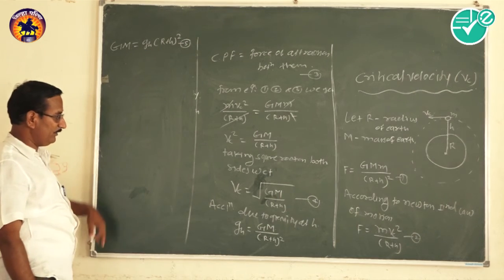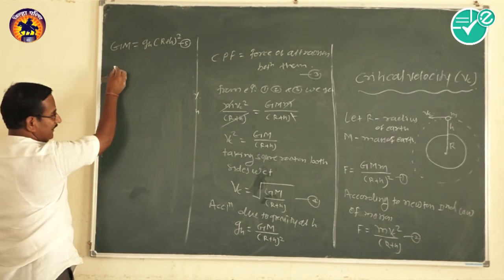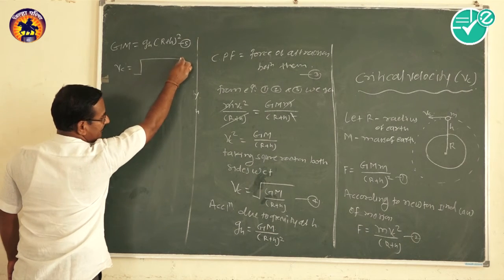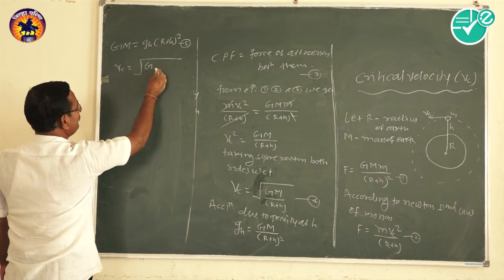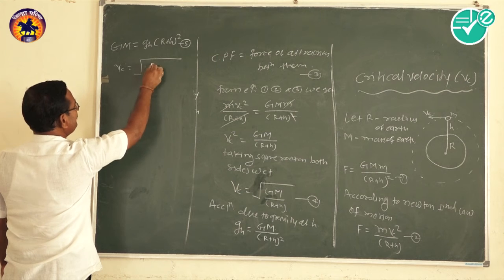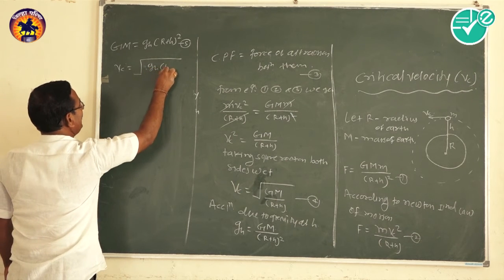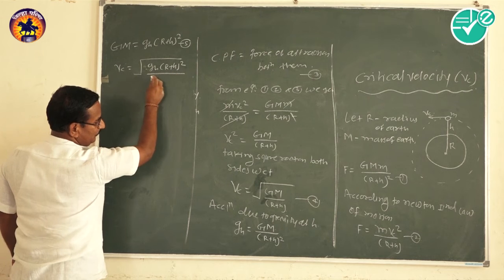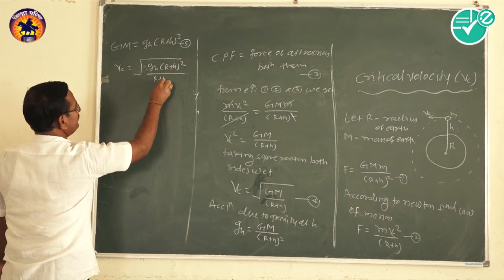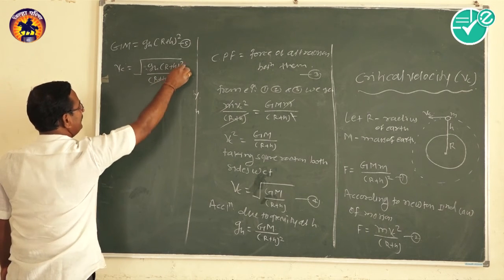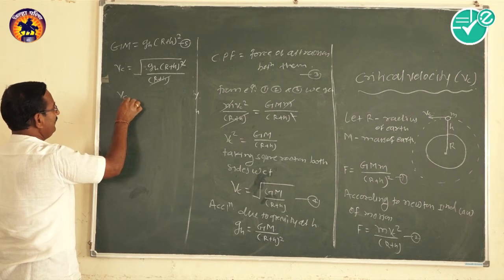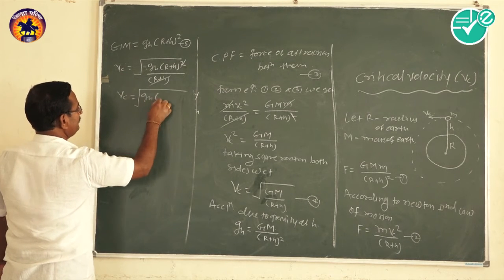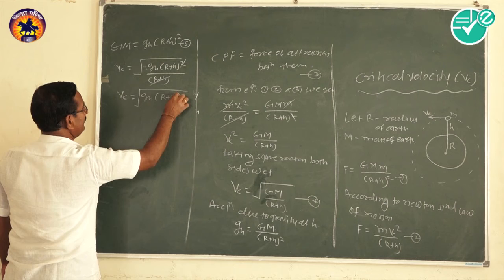Then put the value of equation 5 in 4: Vc equals under root of gh (R plus h) whole square upon (R plus h). Then (R plus h) cancels, and Vc equals under root gh (R plus h).